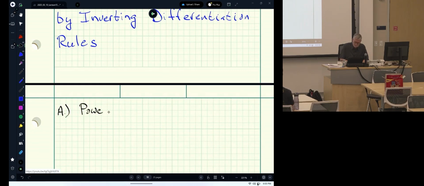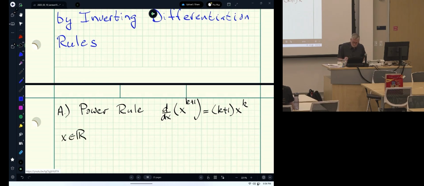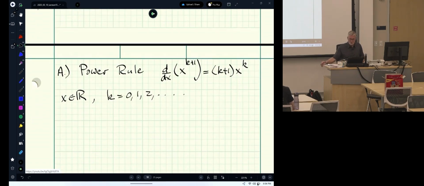So the first one is almost too easy, the power rule. d by dx of x to the k plus 1 is equal to k plus 1 x to the k. And this is true for all real values of x and non-negative integers 0, 1, 2. So what does this say?